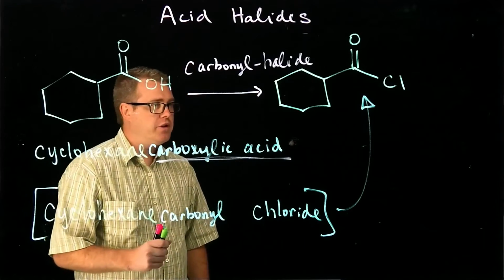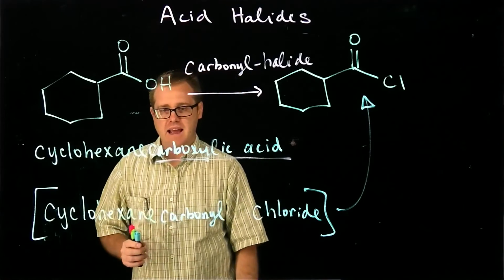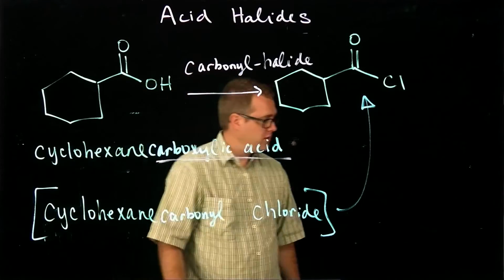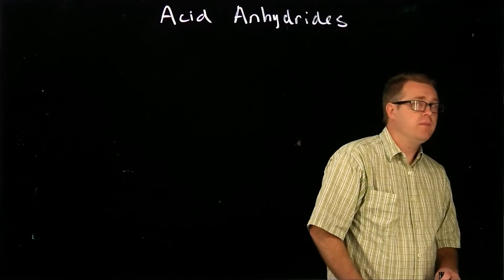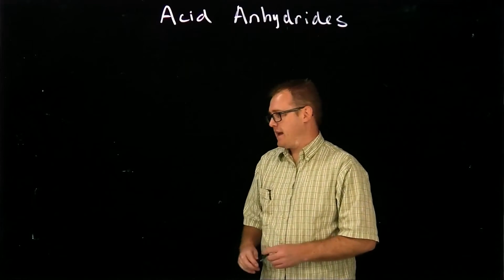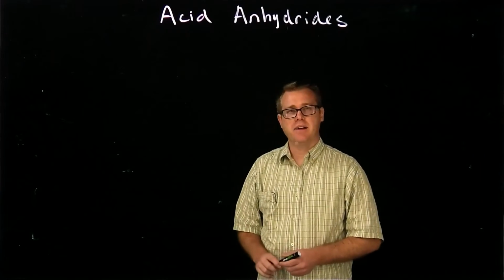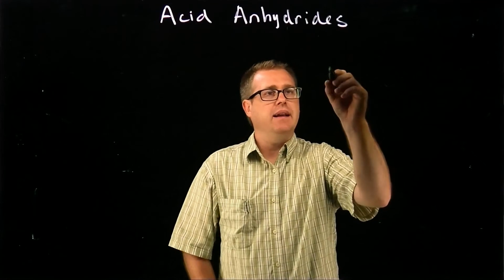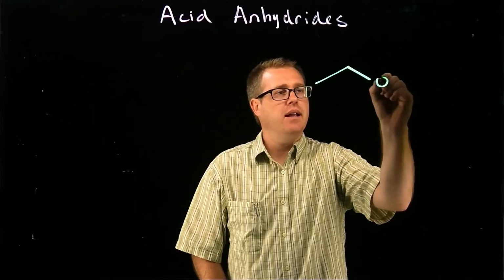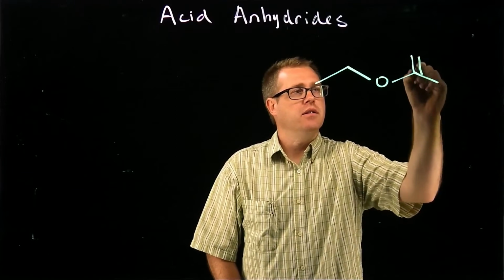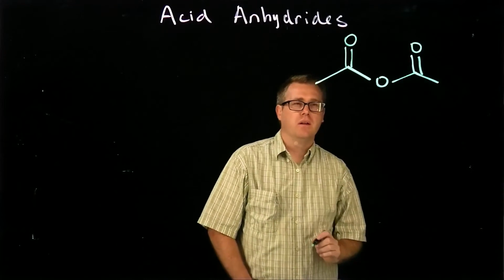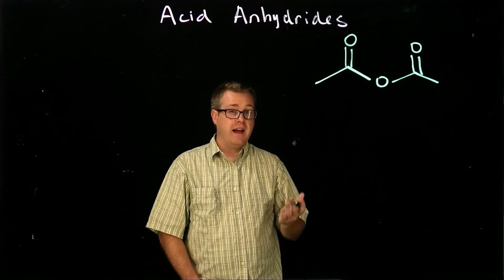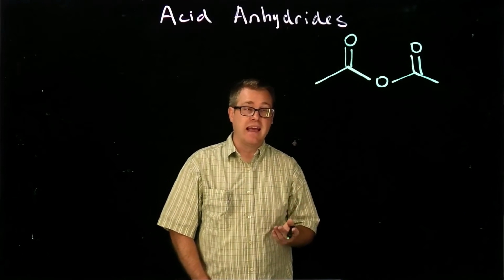Next, we are going to look at acid anhydrides. Now let's take a look at acid anhydrides. What if we had an anhydride that looks like this? Well, we know anhydrides are carboxylic acid derivatives.